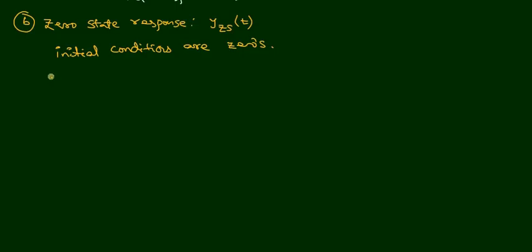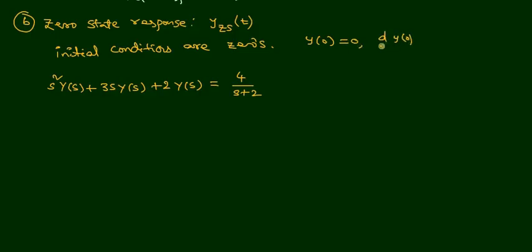So now from equation 1, by neglecting the initial conditions, we'll get (s² + 3s)Y(s) plus 2 into Y(s) equals 4 by (s + 2). So neglecting initial conditions means y(0) is 0 and the derivative y'(0) is equal to 0.